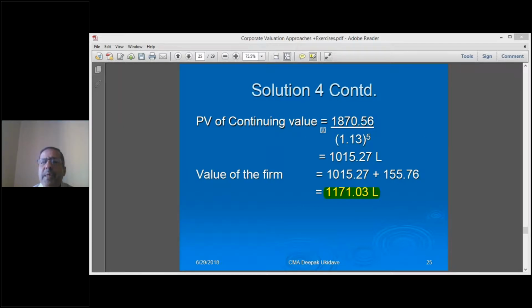Please confirm to me that these calculations you have done on the calculator, you have understood and confirmed that they are correct in all respects. So value of the firm is 11 crores, 11.71 crores.